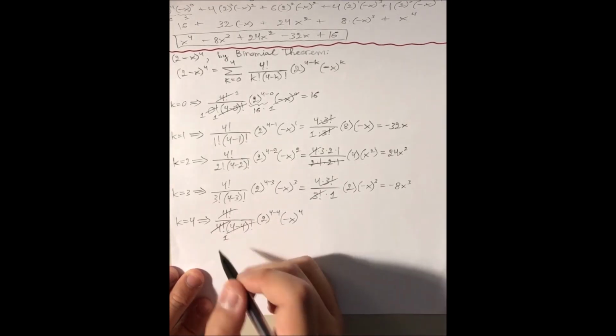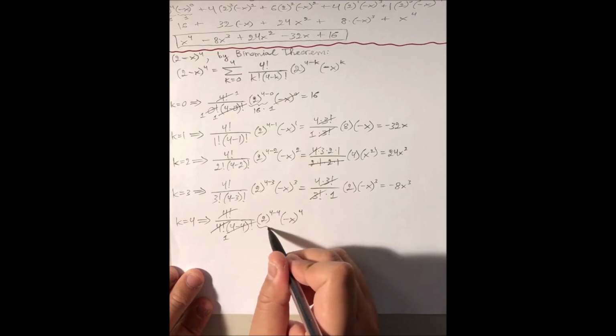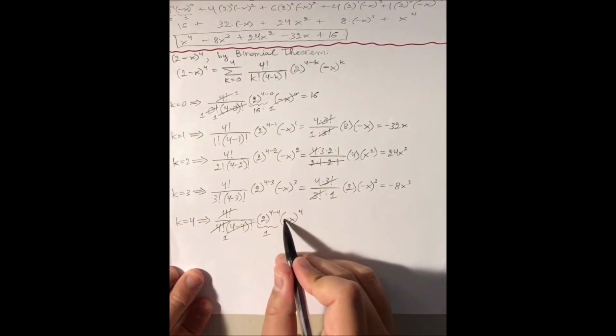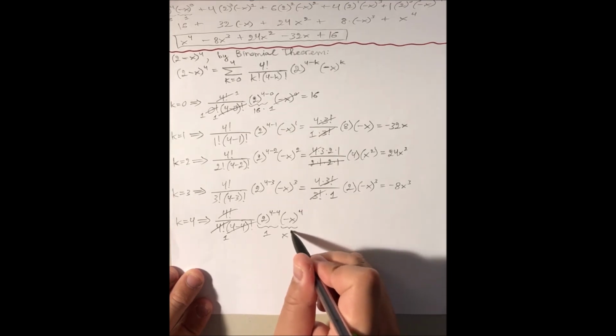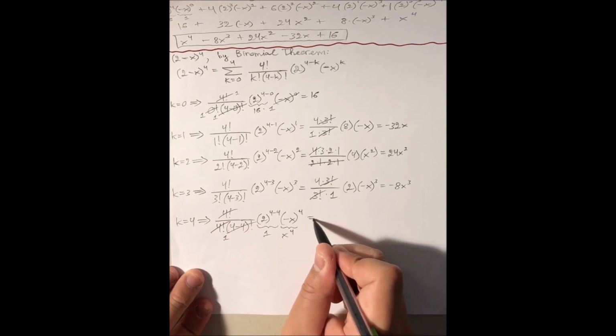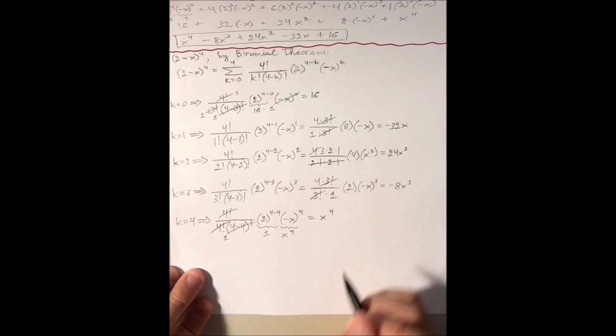So this whole thing is positive 1. 4 minus 4 is 0. Anything raised to the 0 is going to be positive 1. Negative x raised to any even exponential power is going to be its positive form. So this is positive x to the fourth. So hey, 1 times x to the fourth is going to be x to the fourth.